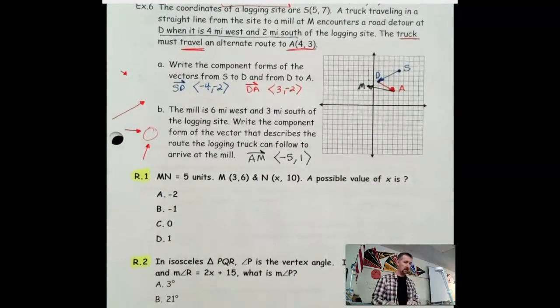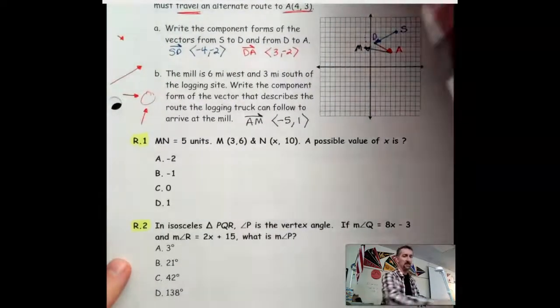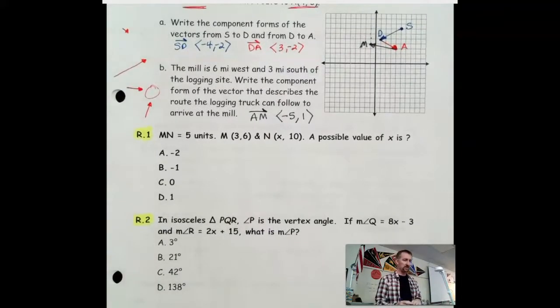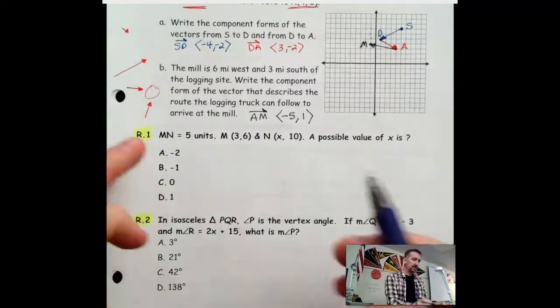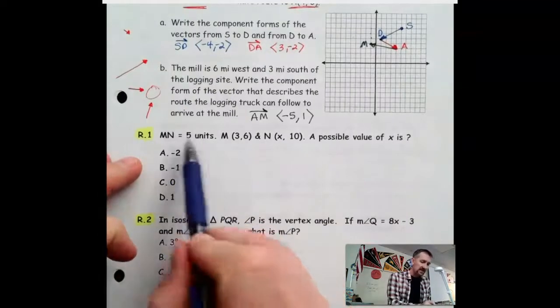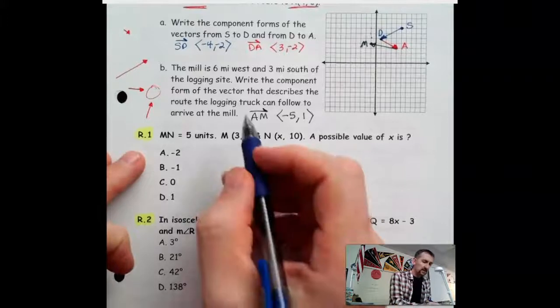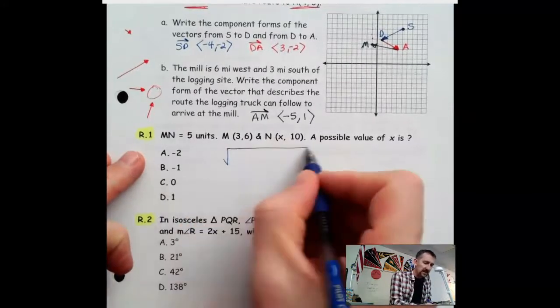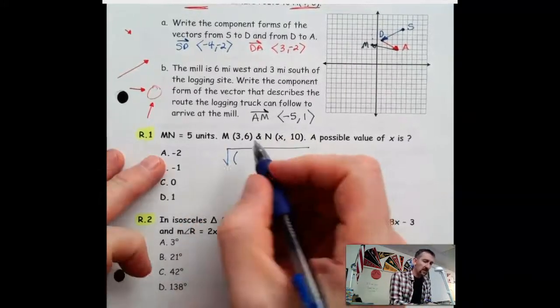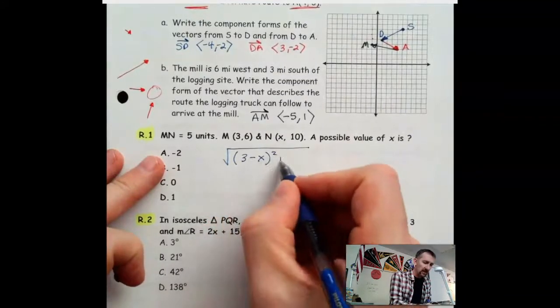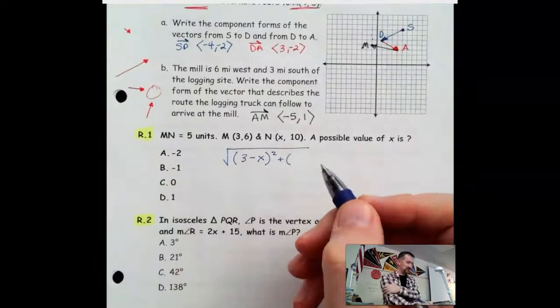Okay. Now we have 2 review questions here at the end from our semester exam that we've given in the past. Not sure what we're doing this year, but we have the distance between M and N, and we have these coordinates. So if you set up the distance formula here, and you have x minus x squared plus... Now, I could have switched.